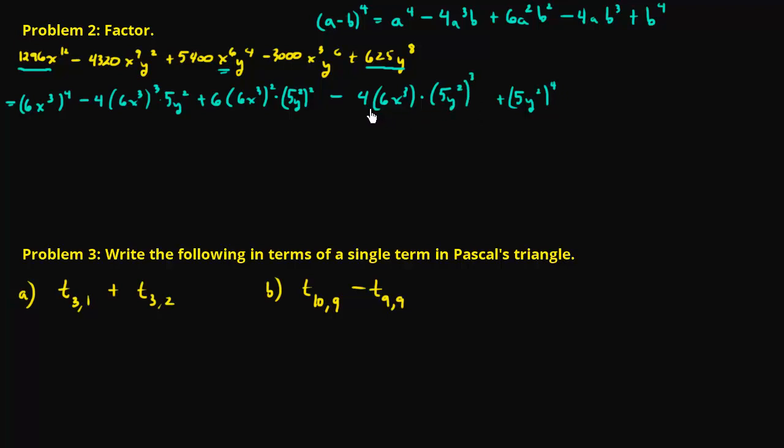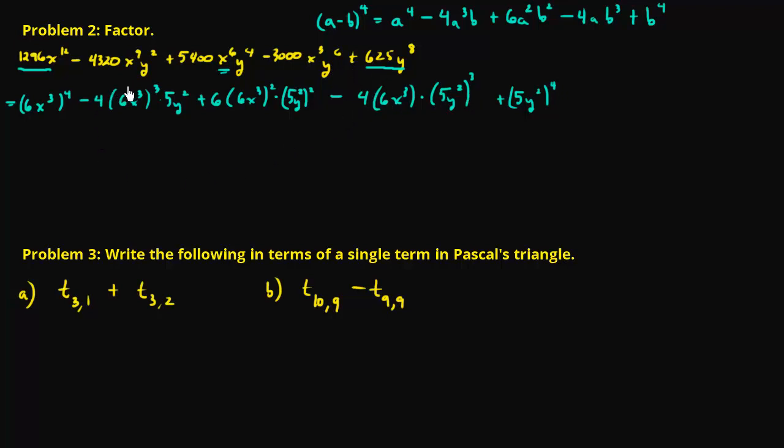So we have minus 24 times 125, which is minus 3,000. Then x cubed to the power of 1 is just x to the power of 3, and y squared to the power of 3 is y to the power of 6.